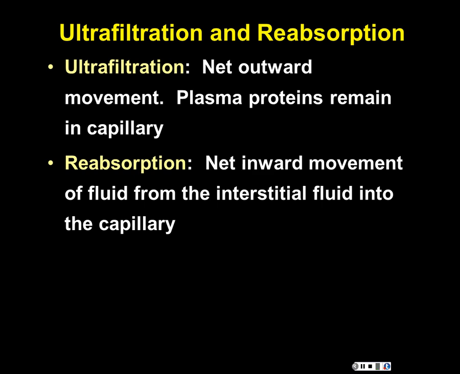We learned that in filtration, there's a net outward movement from the plasma to the interstitial fluid. We also learned that during filtration, large proteins that don't have transcytotic ability stay in the capillary. What else is staying in the capillary? We said also red blood cells. Let's add that on there.